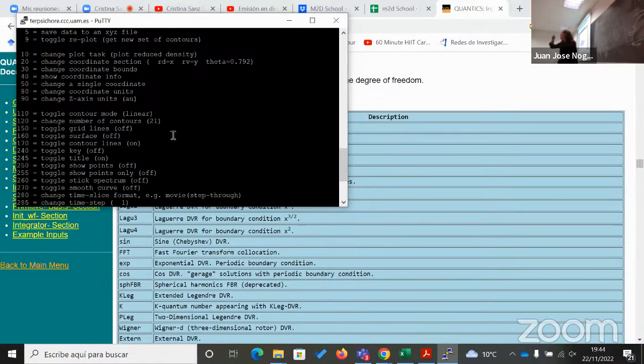Okay, and then if we click, we are going to see how the wave packet evolves. I have to be here. Where is the mouse? Here. Let's do this a little smaller, so we can have both at the same time. Okay.